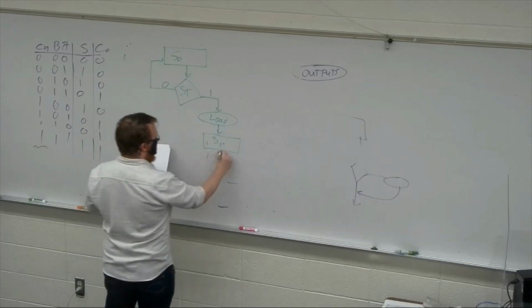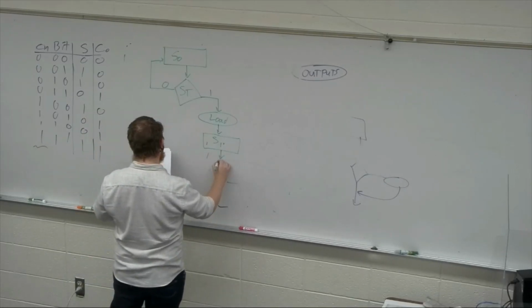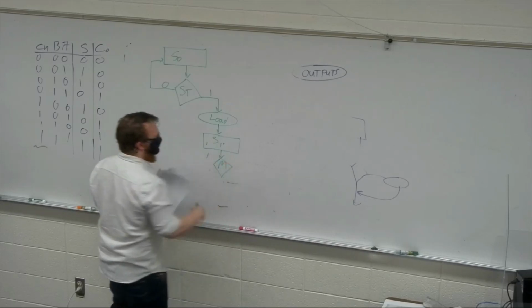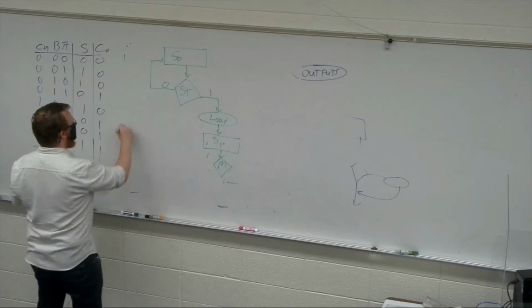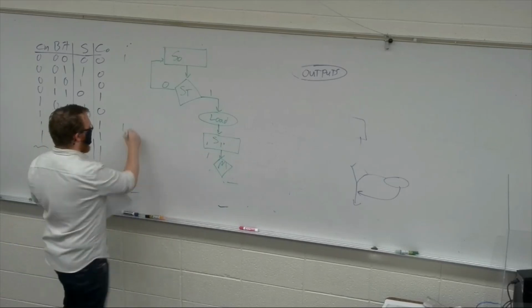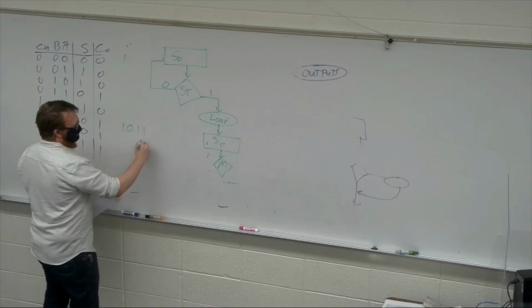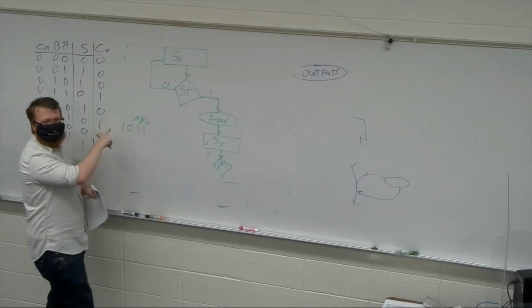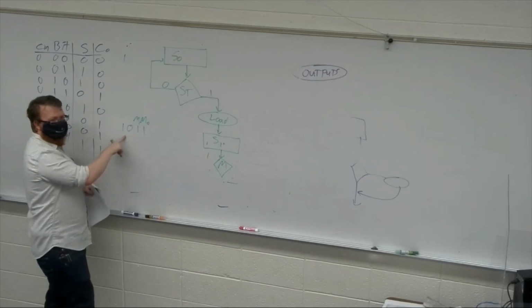Now that state needs to make a decision. And that decision is going to be based on m, where m is the multiplier bit, right? So if I have 1, 0, 1, 1, this is m at 0, this is m at 1, and so on and so forth. So these bits are m.